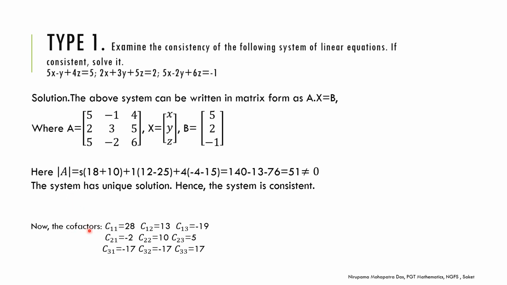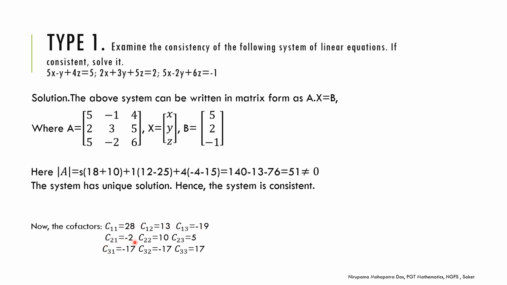So find the cofactors first. C11, C12, C13, C21, C22, C23 and C31, C32, C33. Right? So you see we have written the cofactors in a particular order. See this first line, these are the cofactors of elements of first row.